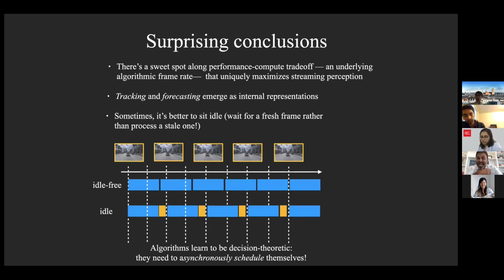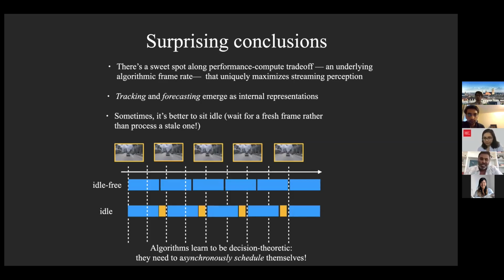We would call that the idle free method. This waiting is visualized by this yellow block. The intuition is that if you finish just before a new frame arrives, sometimes it's better to sit and wait for that new frame. Now you'll start processing fresh data rather than processing an existing frame that's going to quickly become stale.